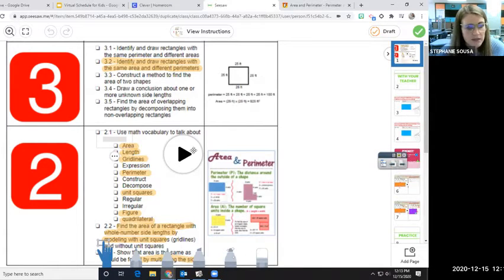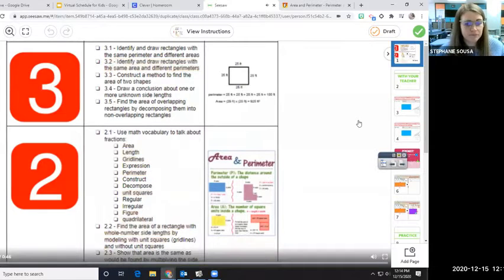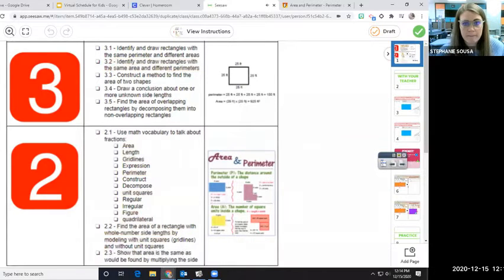Today's goal is? Today, you have a specific goal, and that goal can be found on target 3.2. Identify and draw rectangles with the same area and different perimeters. You also will be using math vocabulary to talk about this area.